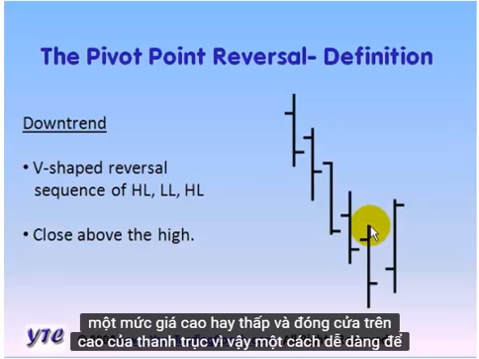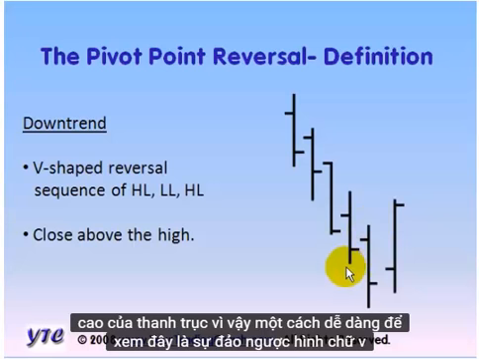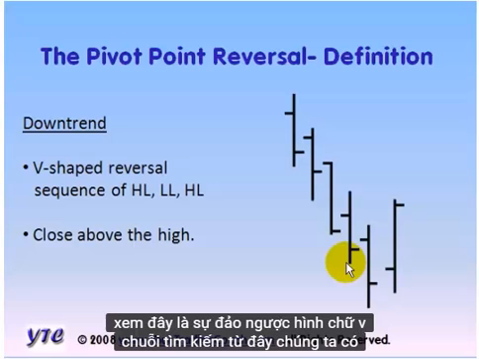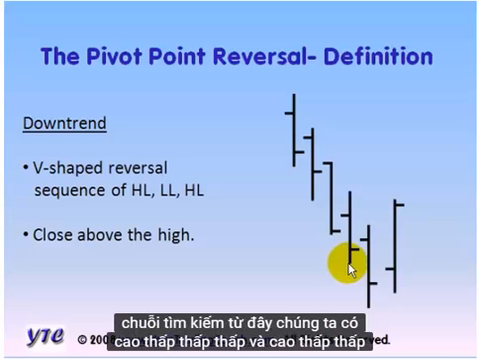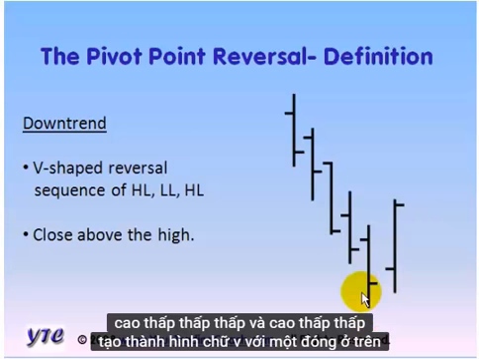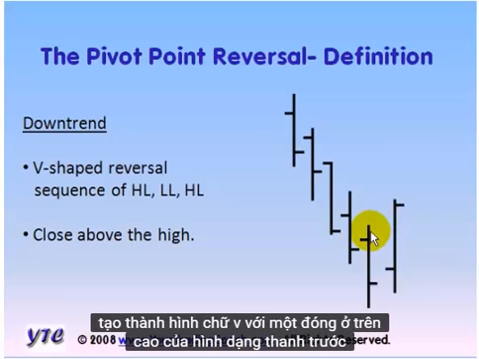So an easy way to see this is the V-shape reversal sequence. Looking from here, we have the higher low, lower low, and higher low, forming a V-shape with a close above the high of the preceding bar.